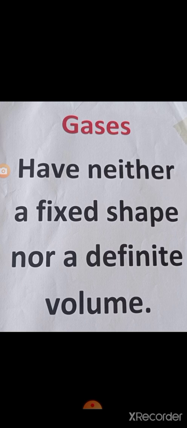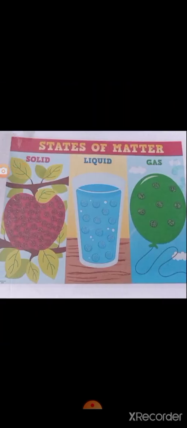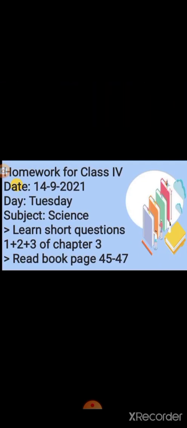So learn the revision of question answers from human health, question number 1, 2 and 3 by heart, and after learning, write it in your rough copy for proper revision, and read pages 45, 46 and 47 from this chapter, chapter 4, matter and its characteristics, and read it thoroughly, mark and underline the difficult words, and find out the meanings and write the meanings on that word.